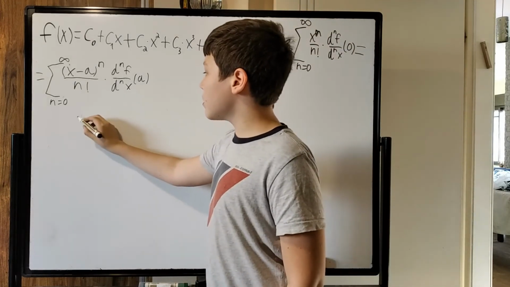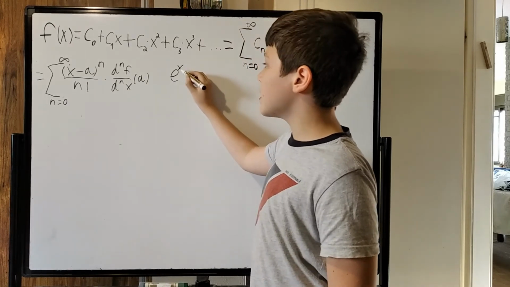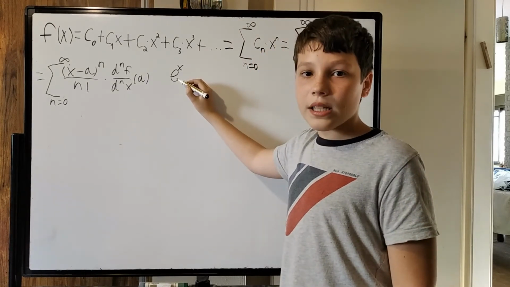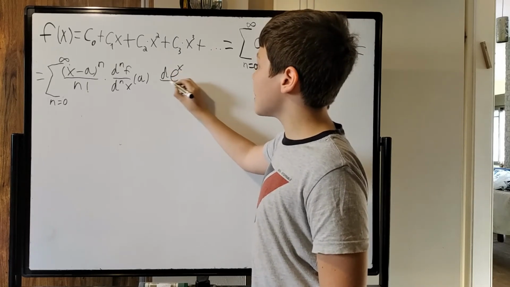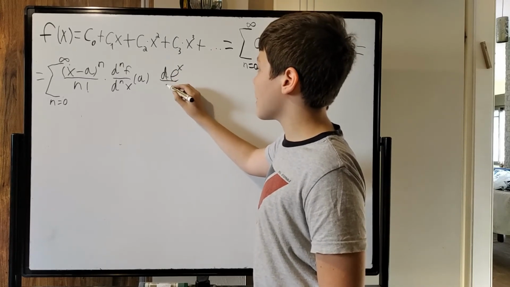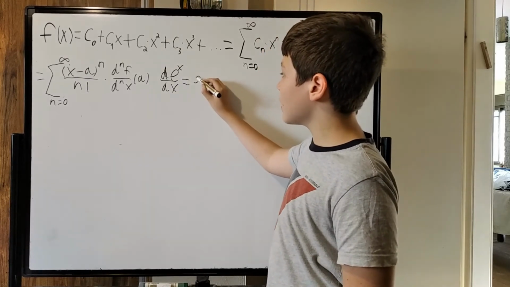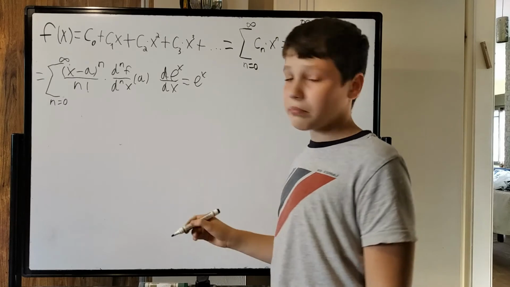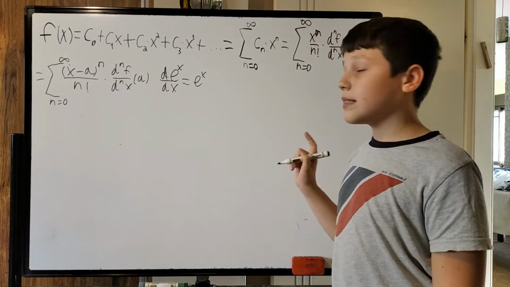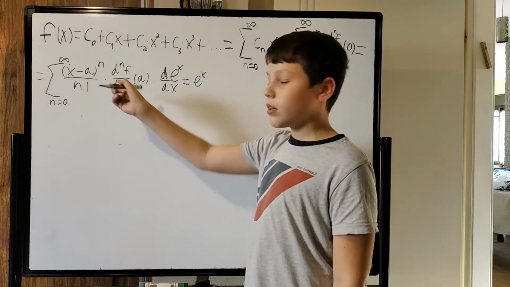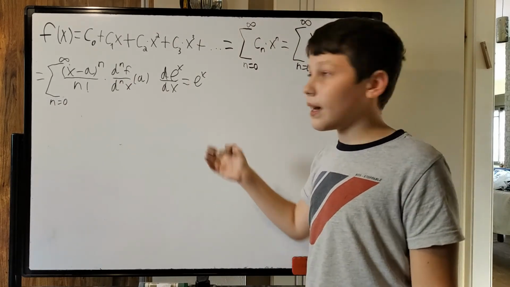So let's look at e to the x. E to the x is a very nice function because taking its derivative with respect to x will give you back e to the x. That is super simple, super nice. And because we're dealing with a lot of derivatives here, it's very nice.